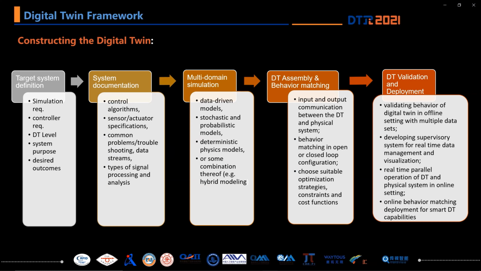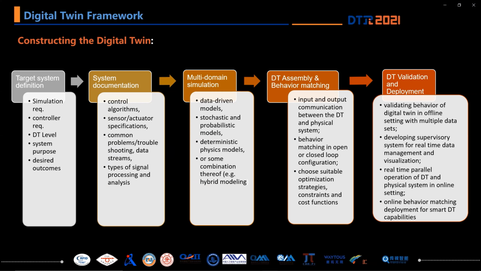So what types of control algorithms we want to use, what are the specifications of the actuators and sensors, what are the troubleshooting and common problems we might find, what types of signals and processing we will be doing. The next step is multi-domain simulation, which could include a combination of data-driven models, stochastic and probabilistic models, deterministic models.